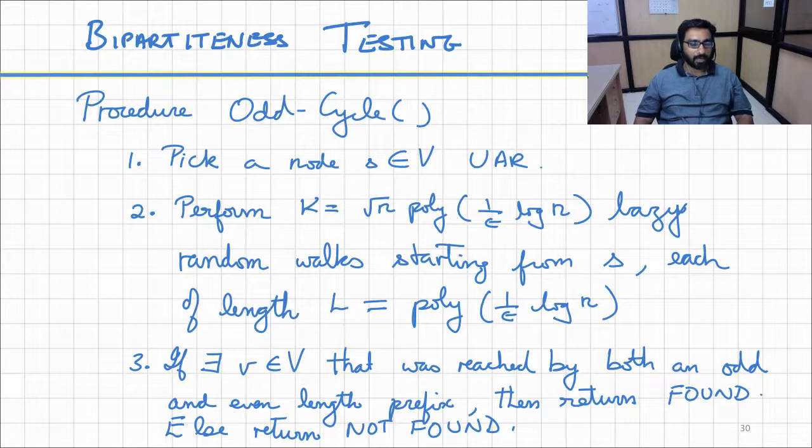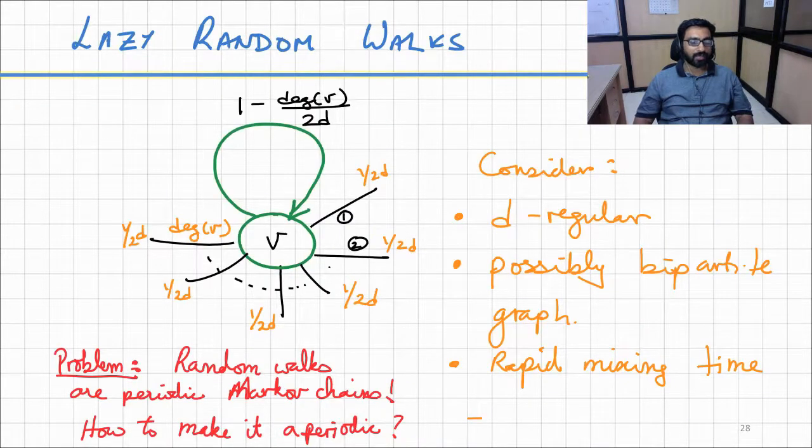Now let's go back to the notion of lazy random walk. What we are counting as the length of the walk is the actual number of steps taken, excluding these self loops that we have over here.